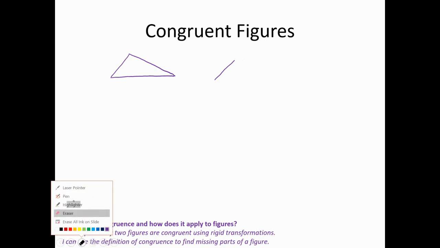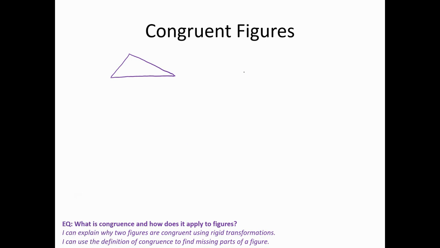Attempting to make them look congruent is great. It's okay if it's not perfect. I'm going to call this triangle ABC, and I'm going to call this one, very creatively, DEF.